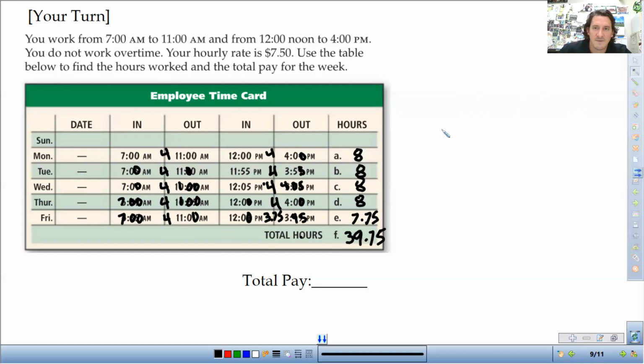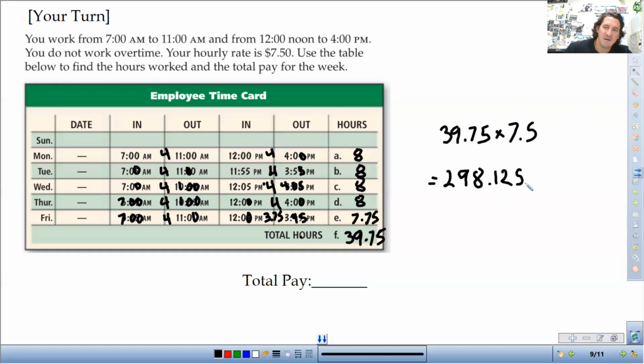And then to find how much he's paid for the week, 39.75 times 7.50, on the calculator you get 298.125. We can't have half of a cent, so we're going to round up. So you get paid 298.13.